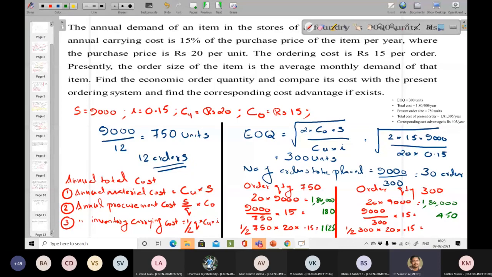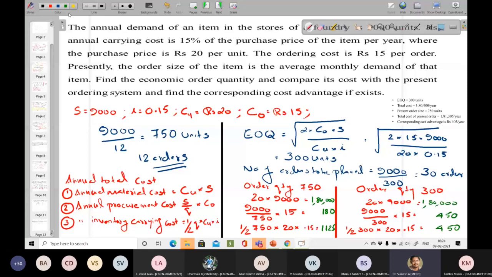Second is 0.5 into 300 into 20 into 0.15. So that is again 450. So the total value is 450 plus 450 plus 1,80,000.